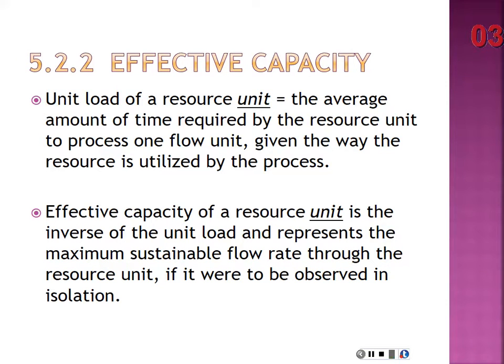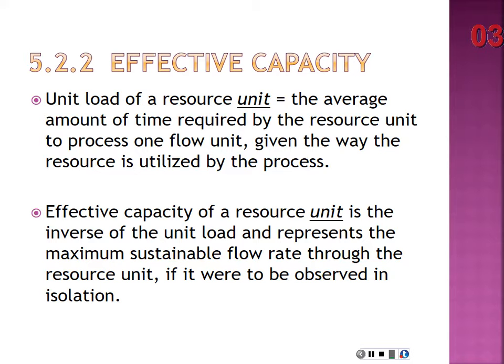Okay? So when we look at the effective capacity of our process, we're talking about the unit load of a resource unit. So a resource unit is one resource, right? So it's the average amount of time required by the resource unit to process one flow unit, given the way the resource is utilized in the process. So effective capacity of a resource unit is the inverse of the unit load, right?